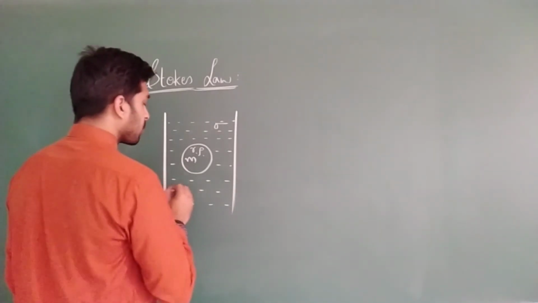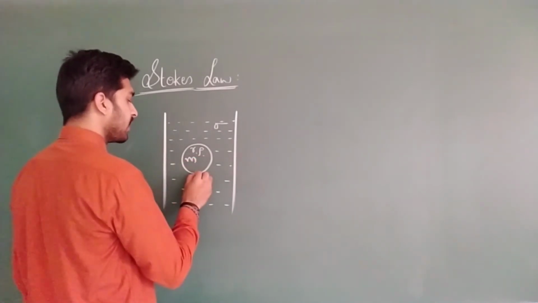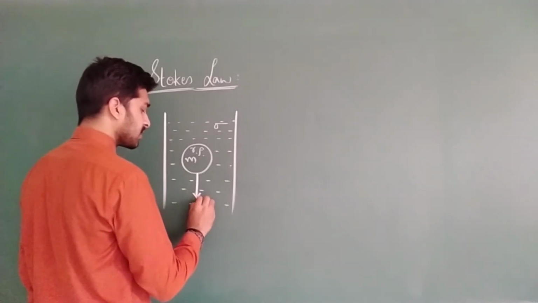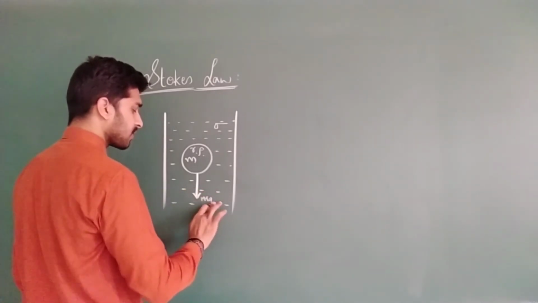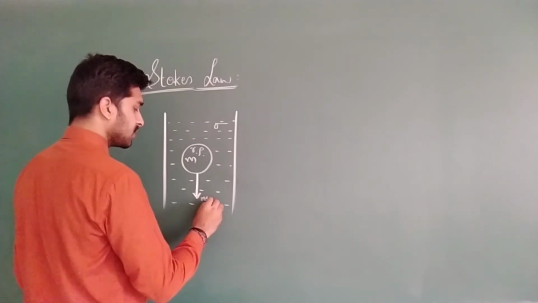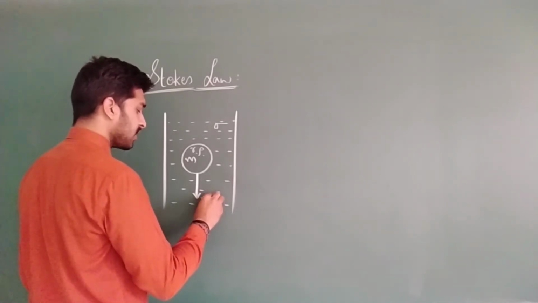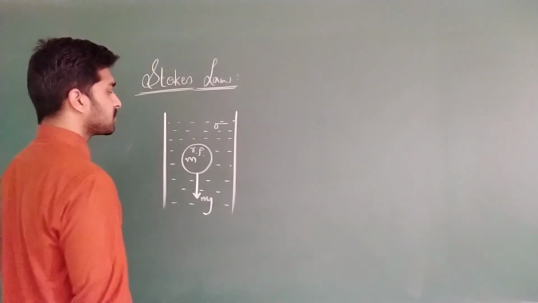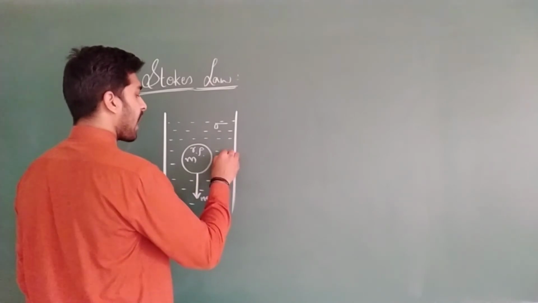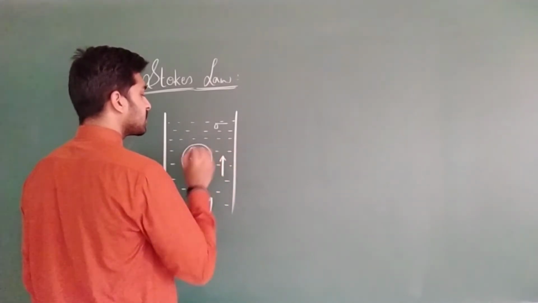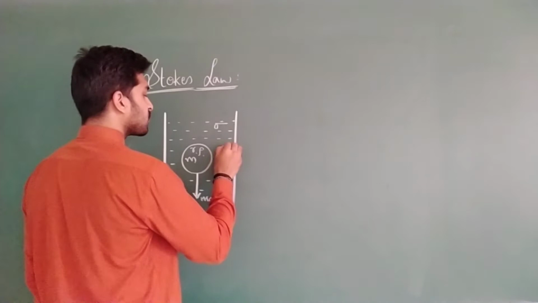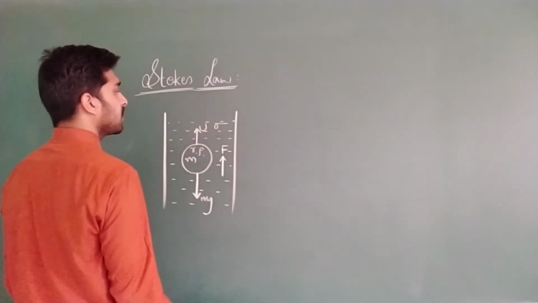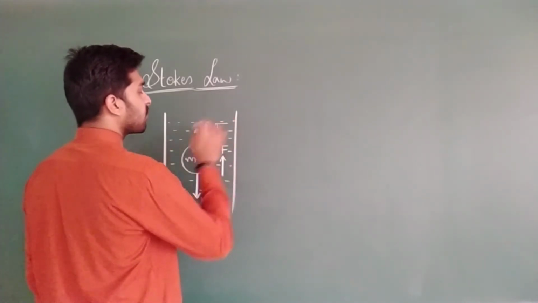First and foremost, in the fluid there is a force acting in the downward direction, that is mg. Clear? This is the force acting in the downward direction. And then the fluid will act on it with one more force: one is viscous force and one more is upthrust. This sigma stands for the density of the liquid.